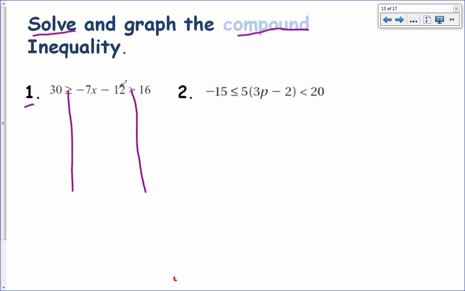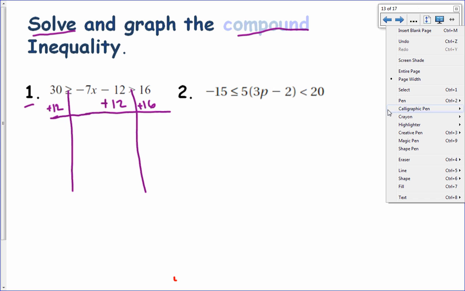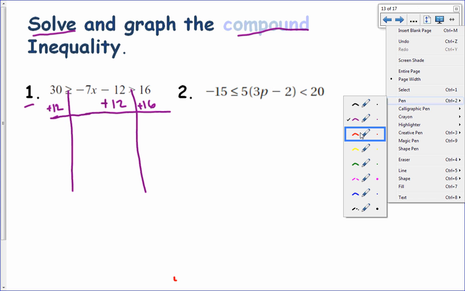Negative 7x minus 12, if we want to get x by itself, we have to add 12, but not just here. We have to add it on the other side here and on the other side. These are what would have been my equal signs before. Now they're inequality signs. If I do all that, sorry about my lines that aren't very straight, I'll change colors.